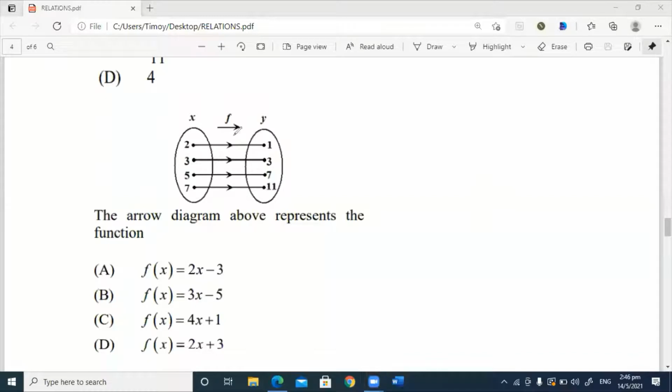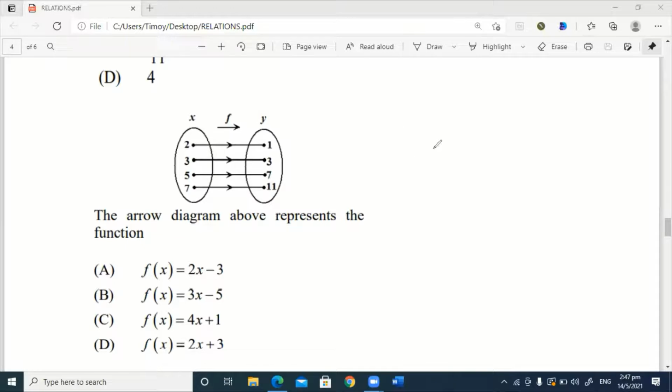So for our next question, we are given a mapping diagram. And it says the arrow diagram above represents the function. Now we are given these 4 options. So what we are going to do is to test, starting from A to C, which one of these represents the arrow diagram up here.